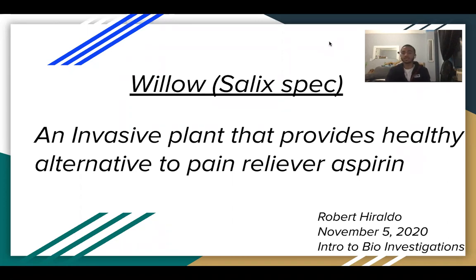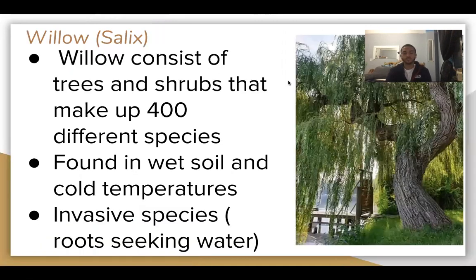Willow Salix species, an invasive plant that provides a healthy alternative to the pain reliever aspirin. Willows consist of 400 different kinds of shrubs and trees that can be found in cold temperatures and wet soil. Willows are usually found around bodies of water or anywhere that is accessible to water.